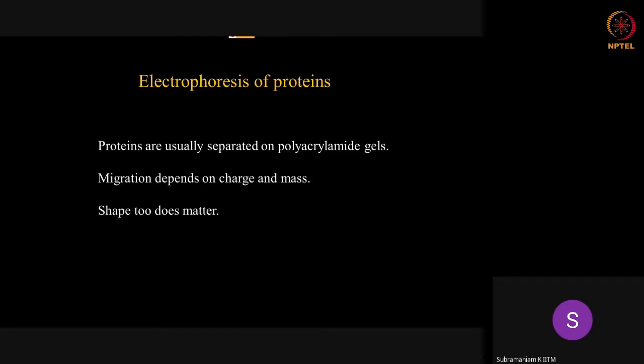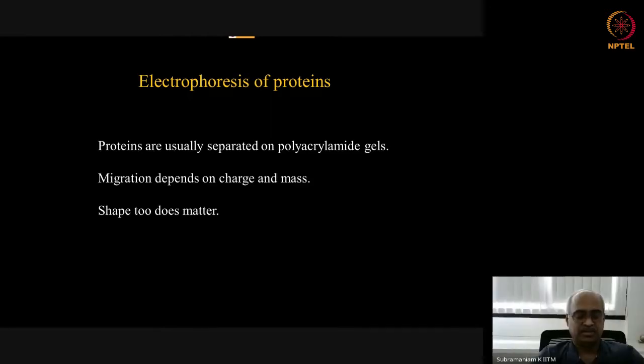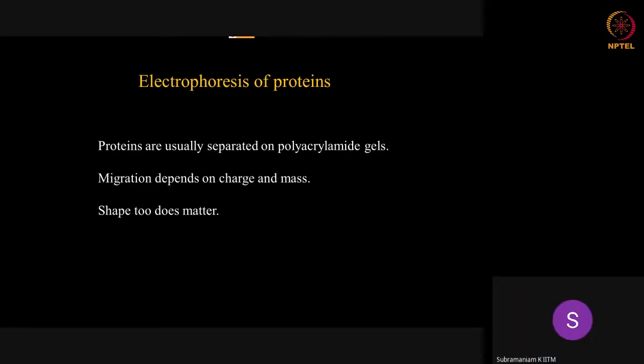The gel is made from a mixed solution of acrylamide and bisacrylamide, and to that we add molecules that catalyze and initiate the polymerization. By adding those components, this solution turns into a gel. Once it polymerizes, it becomes a gel.